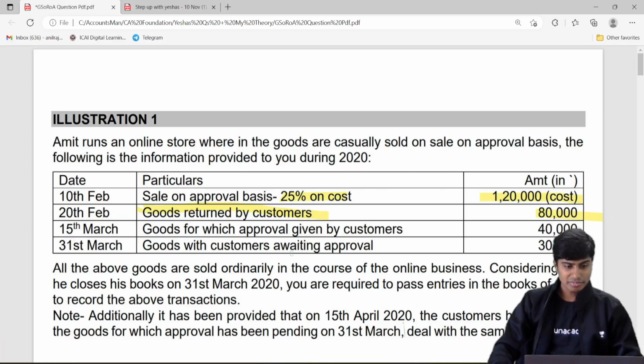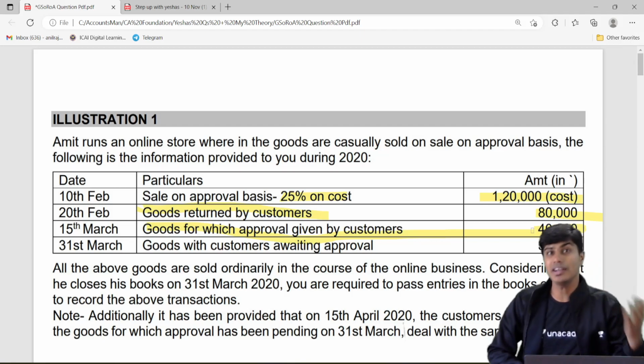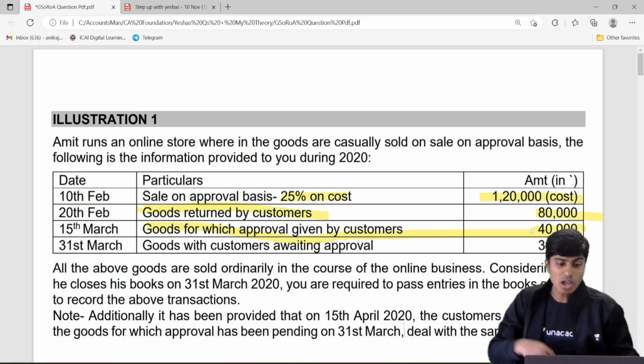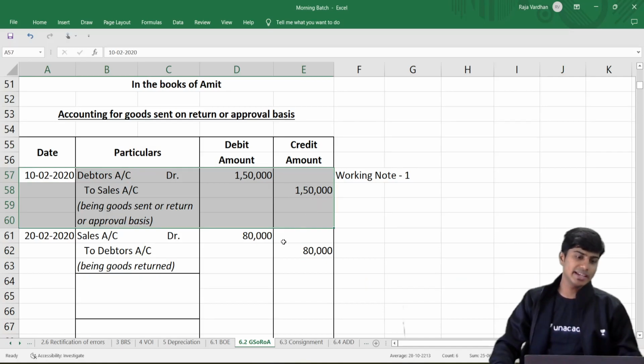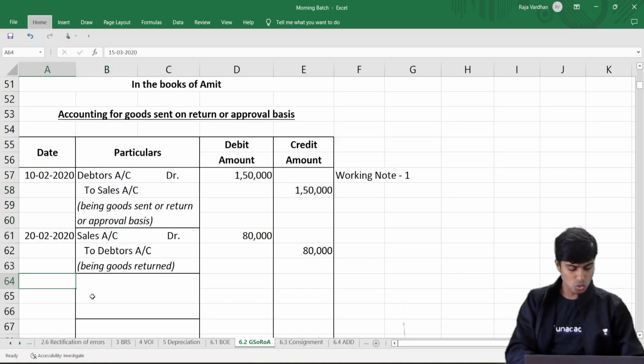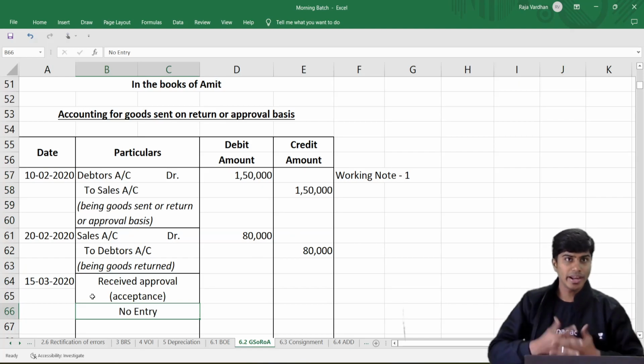Goods are returned. On 15th of March, the customer has told yes to the extent of 40,000, for which we don't have to pass any separate entry, because you already recorded the sales entry when the goods were sent. Now when the acceptance is received, there is no need to pass a separate entry.